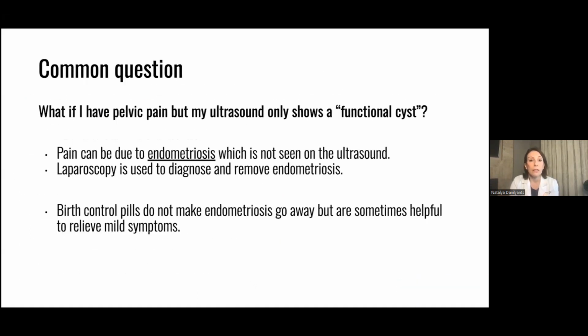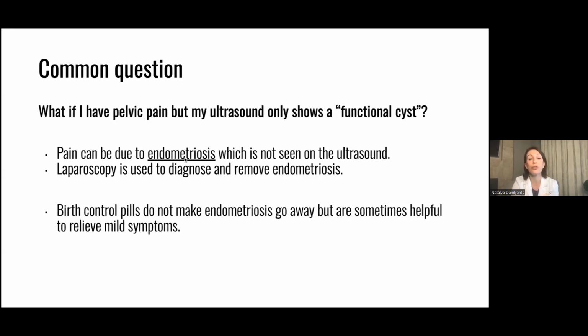All right. So what if I have pelvic pain, but my ultrasound shows a functional cyst? Again, functional cysts typically do not cause pain. So if you had an ultrasound and the only thing it showed was a functional cyst, most likely the source of the pain is not the cyst, but maybe endometriosis, right?